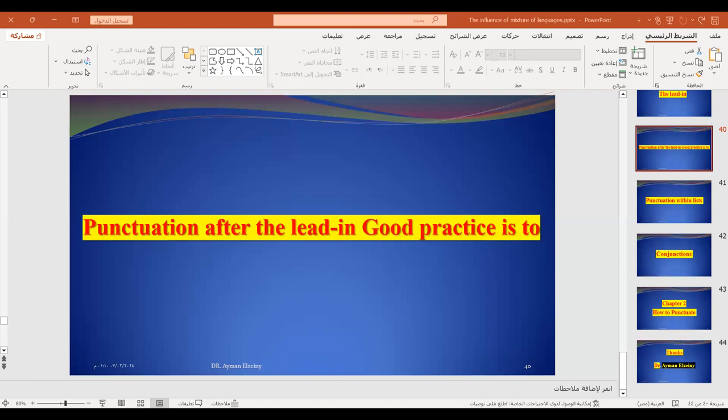For example, each item begins as follows, from the leader with the lower case first letter.